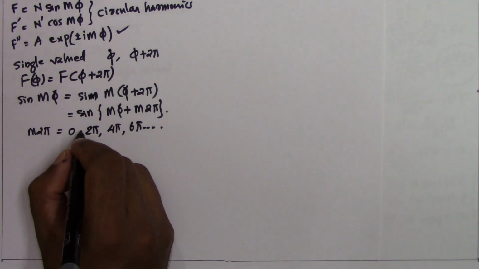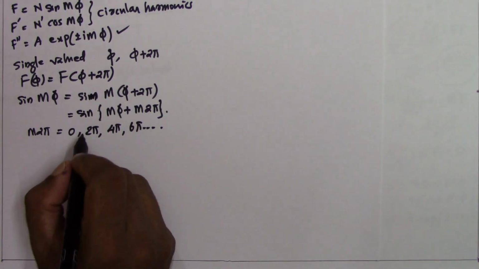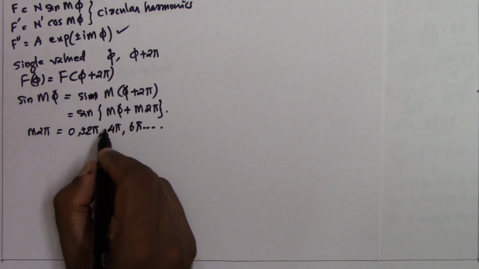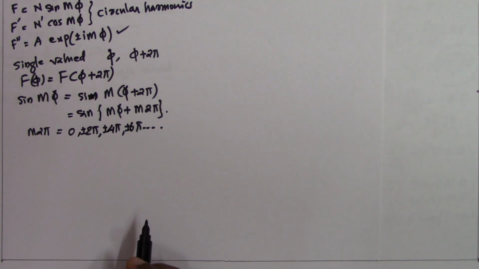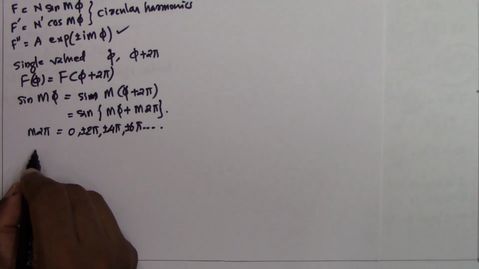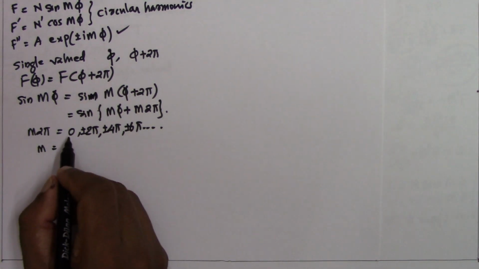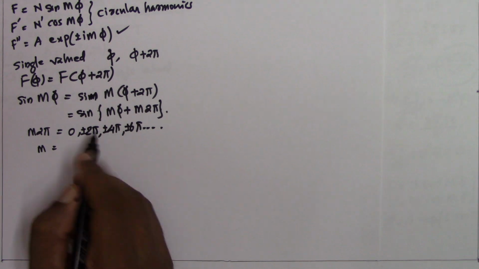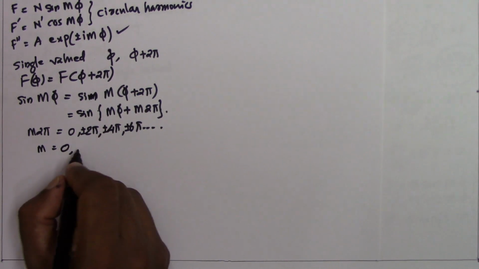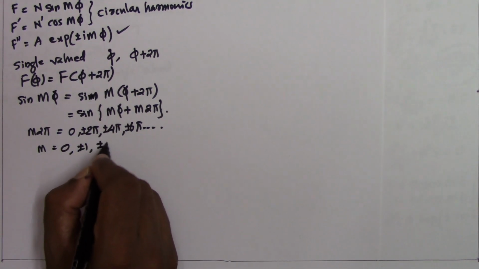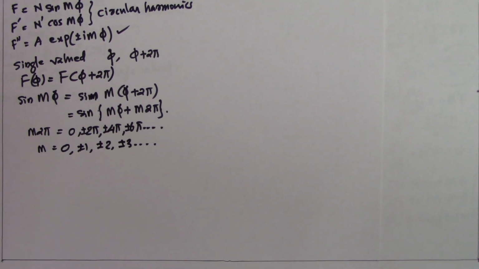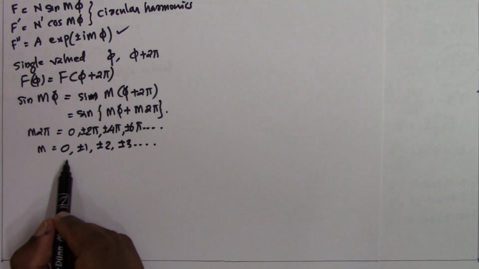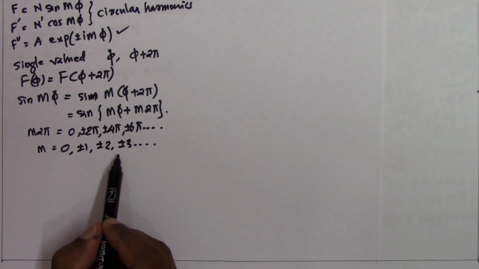So we can write m 2 pi is equal to 0, plus or minus 2 pi, plus or minus 4 pi, plus or minus 6 pi, etc. So it implies that m is equal to these values divided by 2 pi. So m is equal to 0, plus or minus 1, plus or minus 2, plus or minus 3, etc.